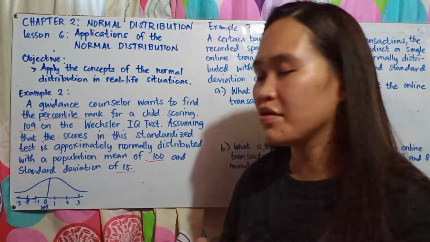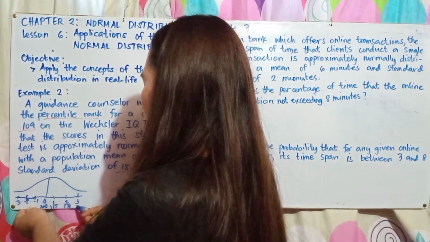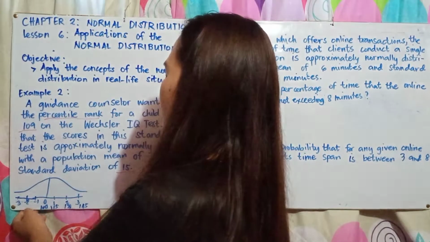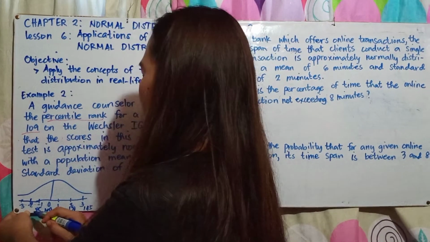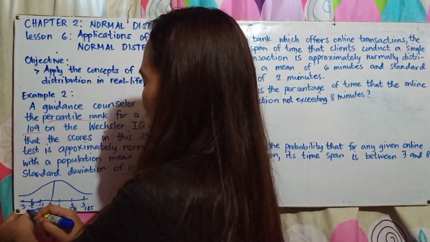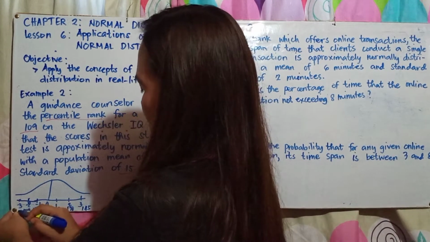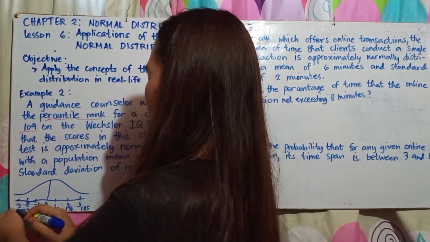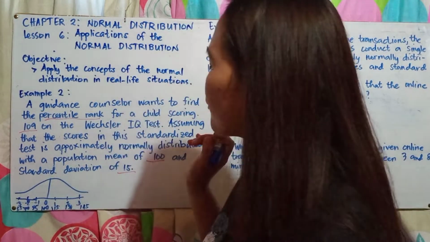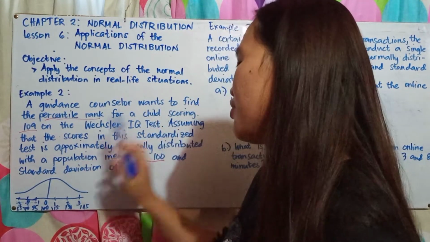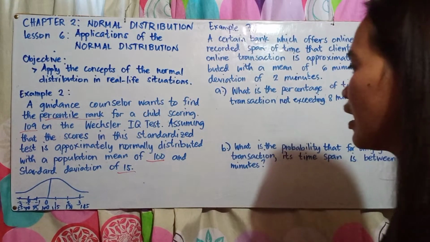Then the standard deviation is 15, so their distance is 15: 100, 115, 130, 145. Then here 85, then 70, 55. So, 55 plus 15 is 70, 70 plus 15 is 85, 85 plus 15 is 100, then 115. That is our normal curve and standard curve.